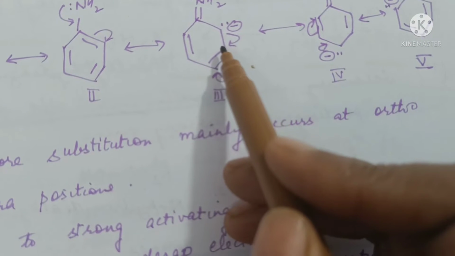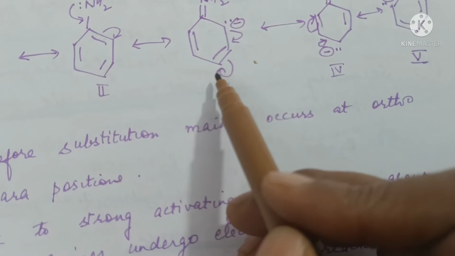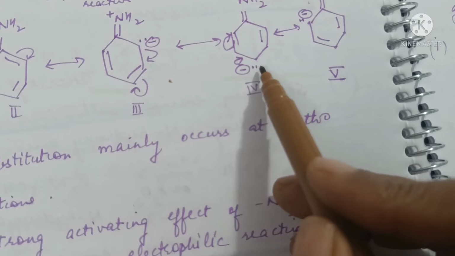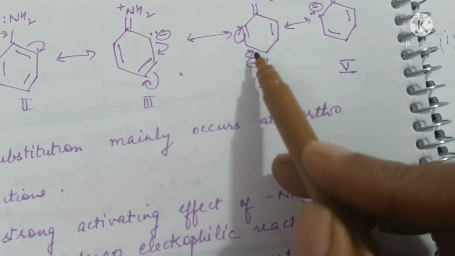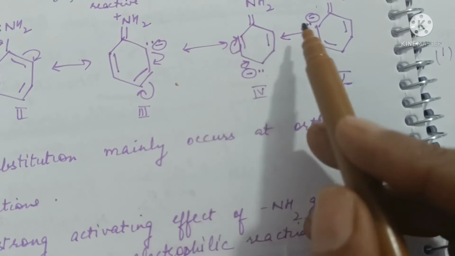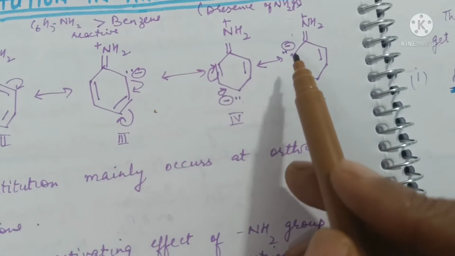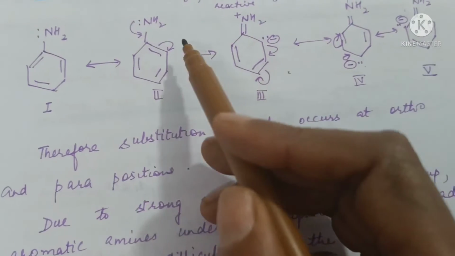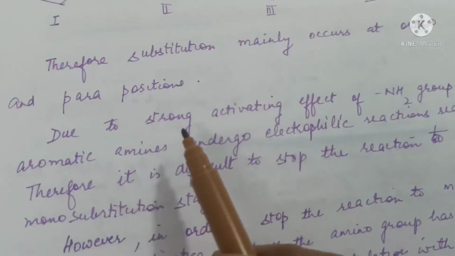When these electrons move here, these move to this carbon so as to get a negative charge on the para position. When these electrons move here and these to this, another negative charge on the ortho position is obtained. So substitution mainly occurs at the ortho or para position.